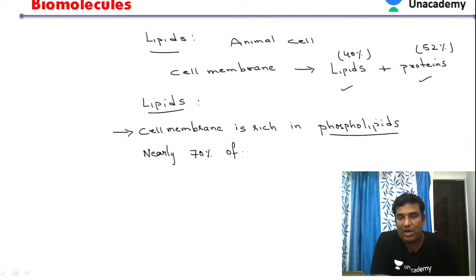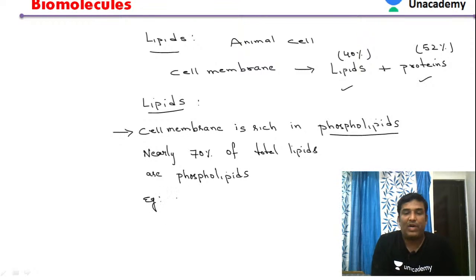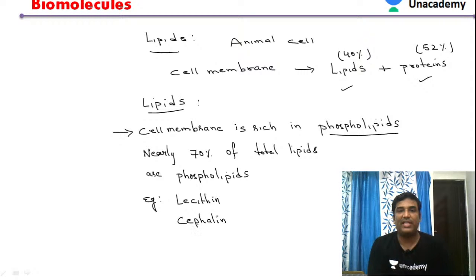Nearly 70% of total lipids. Out of the total lipids, 70% are phospholipids. And the best examples of phospholipids are lecithin and cephalin.